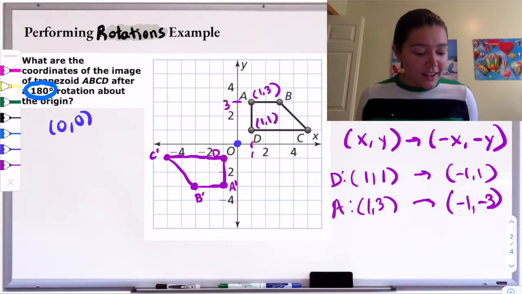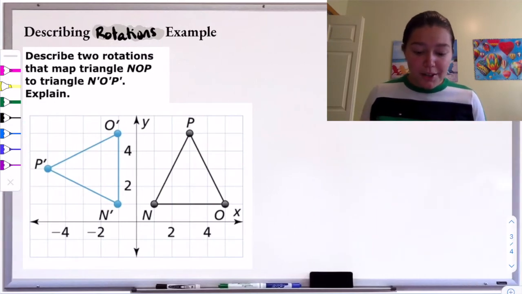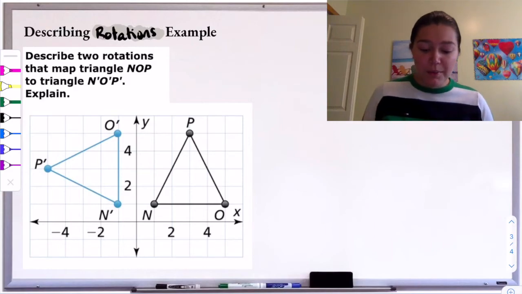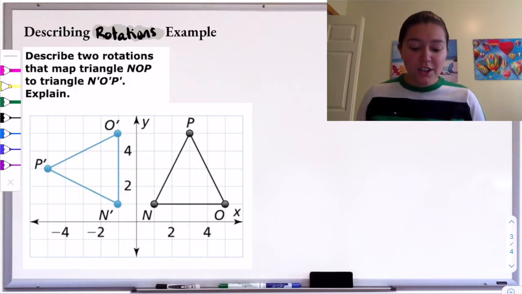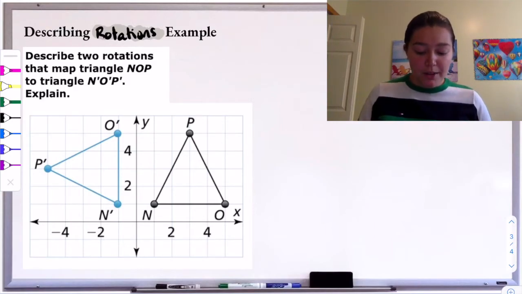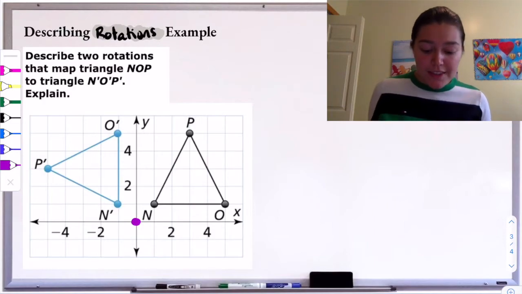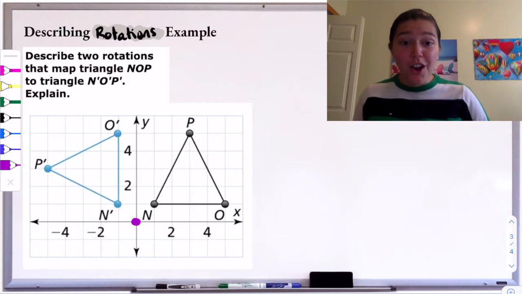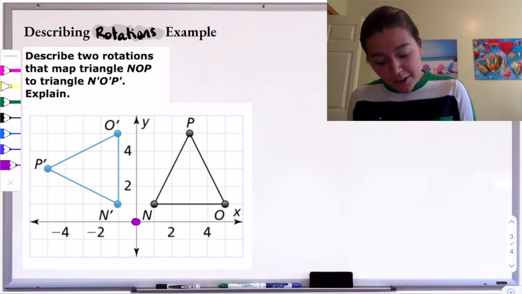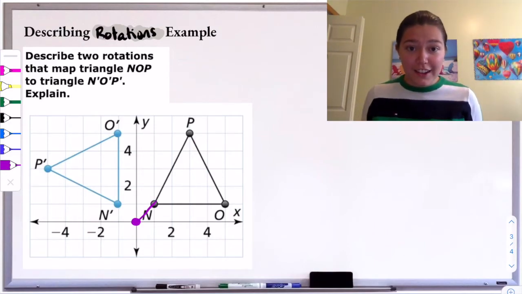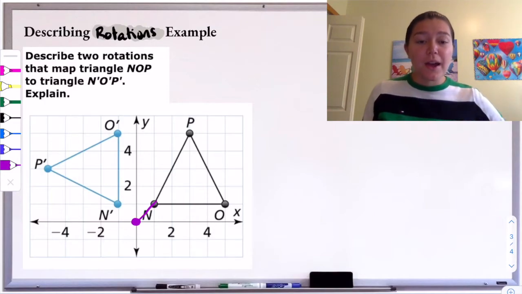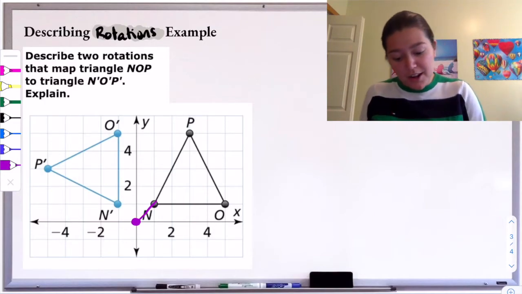All right, and then lastly, let's quickly talk about describing a rotation. So here we have: describe the two rotations that map triangle NOP to triangle N'O'P'. Explain. For all the work we're going to do together, we're going to assume that the center of rotation is the origin. So in that case, we're going to draw a line from the center of rotation, our origin, to N, and then draw a line from our center of rotation to N's corresponding point, N'.